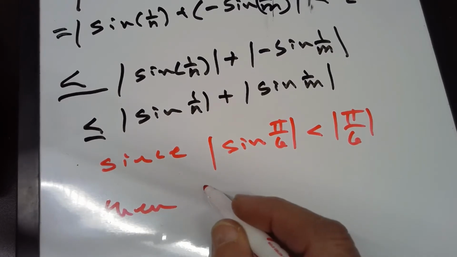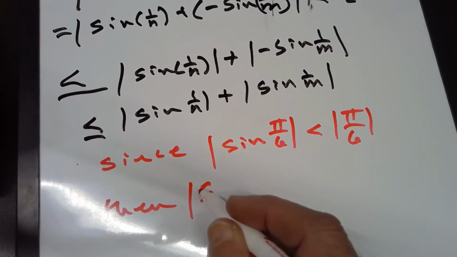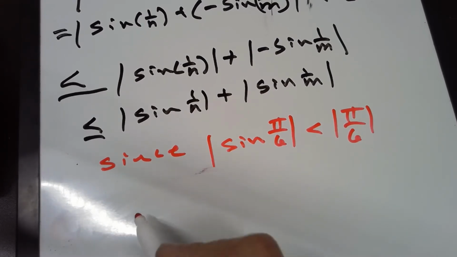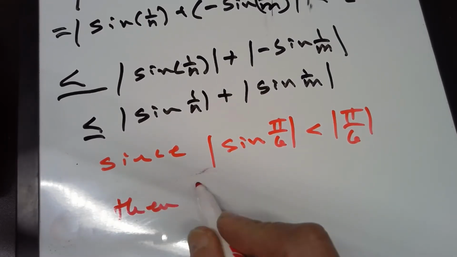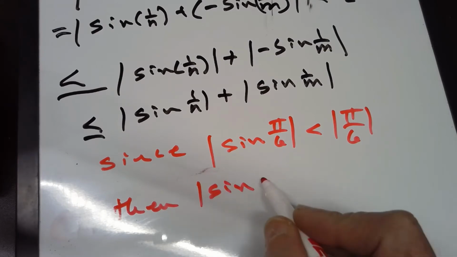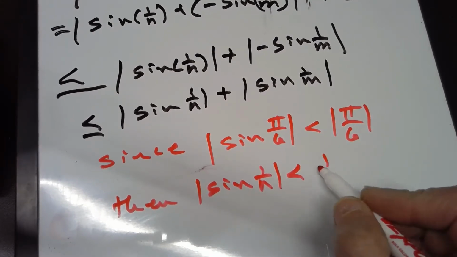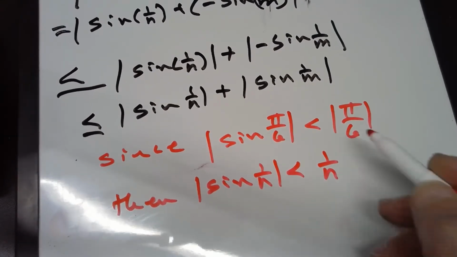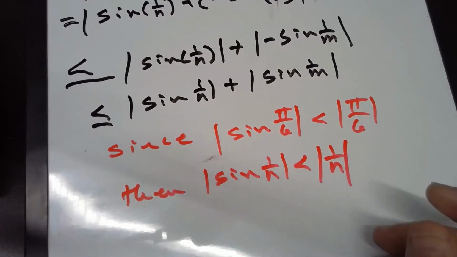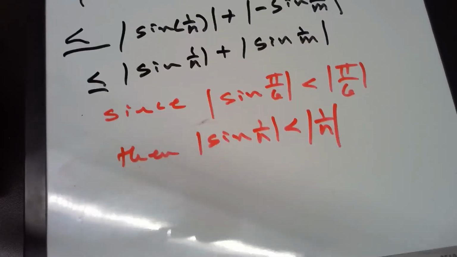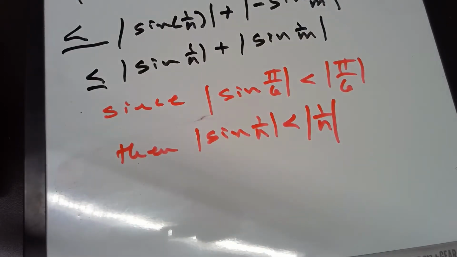So therefore we can say that the absolute value of sine 1 over n is less than the absolute value of 1 over n. And if that's true for n, then that's going to be true for m as well.